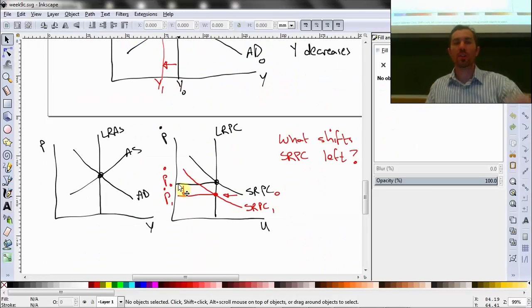So the question that we were left with at the end of last week was, if we have a short-run Phillips curve, SRPC 0, what is the mechanism that shifts a short-run Phillips curve to the left? Okay?